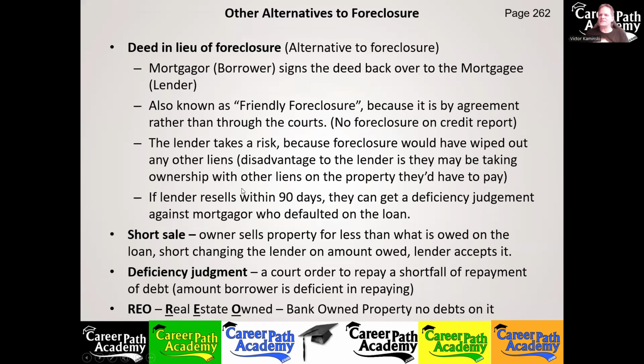Because if they manage to resell that property within 90 days, well, now they've experienced a loss, a deficiency. So now they could go to court and get a deficiency judgment and chase after the owner, the mortgagor who defaulted on the loan.